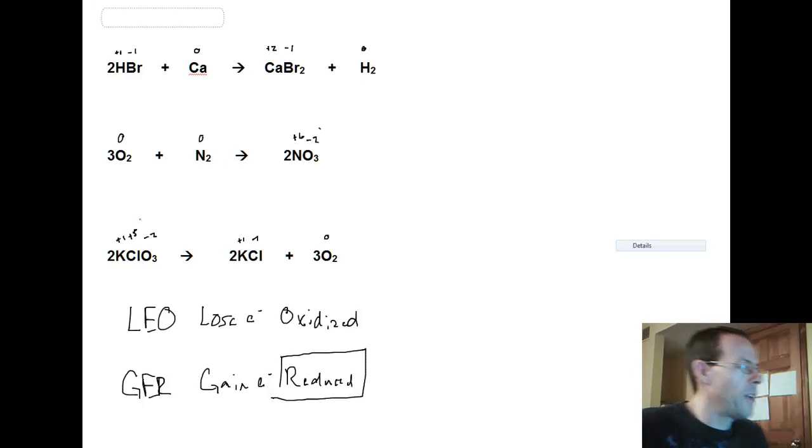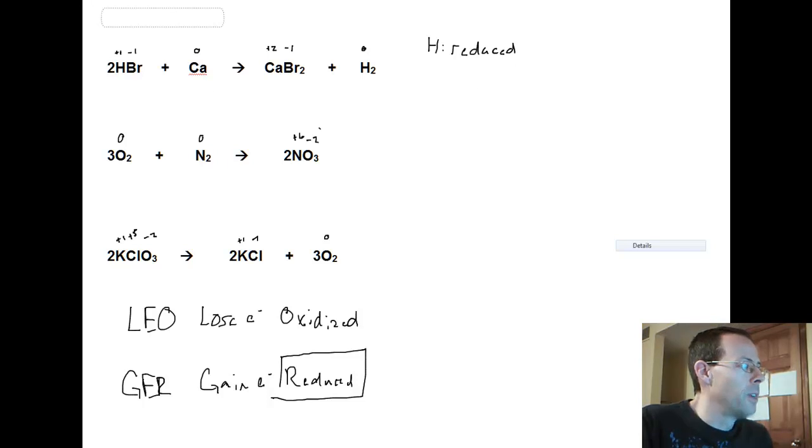Alright? So for now, if we go up to our first equation and find hydrogen, it goes from a +1 to a 0. So that's getting smaller. So we might just put over here, hydrogen is reduced. Well, if one thing is reduced, it means that something else has to be oxidized.